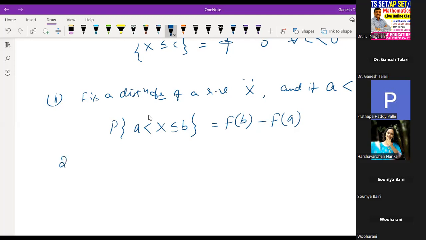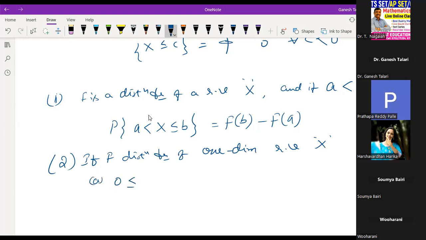The second property, if F is a distribution function of a one-dimensional random variable X, then 0 is less than or equal to capital F of x is less than or equal to 1.